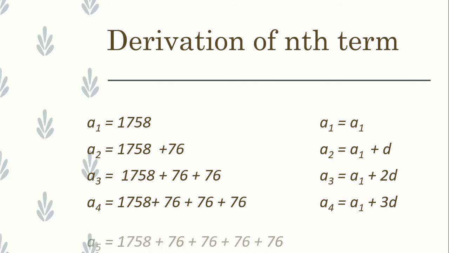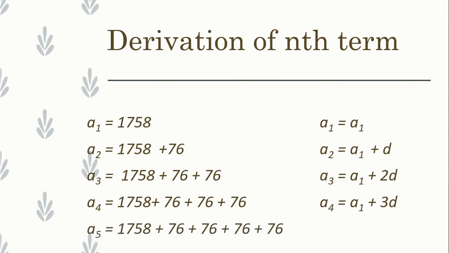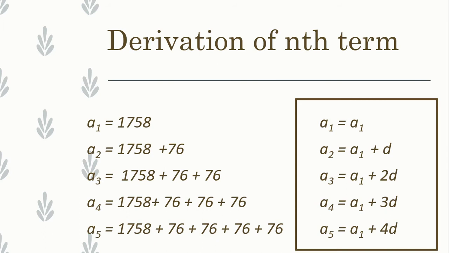And we continue until the fifth term, that is equal to 1758 plus 76 plus 76 plus 76 plus 76. And that represents the equation: the fifth term is equal to the first term plus 4 times the value of the common difference. Looking at these equations, can you observe a pattern?